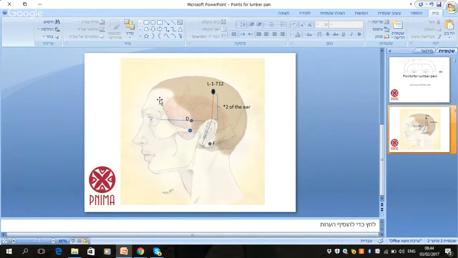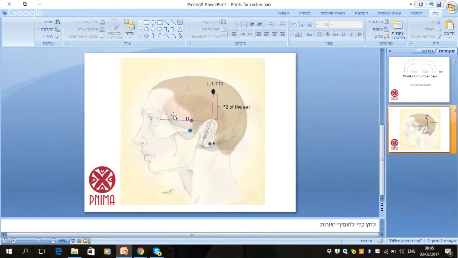Another direction is from up to down. When I needle it from the upper area down, I'm affecting the gallbladder meridian, so it's the tensor fasciae latae muscle. So if you have paralysis or weakness of these muscles, you can have an effect on them. The next direction is from anterior to posterior, towards the ear.